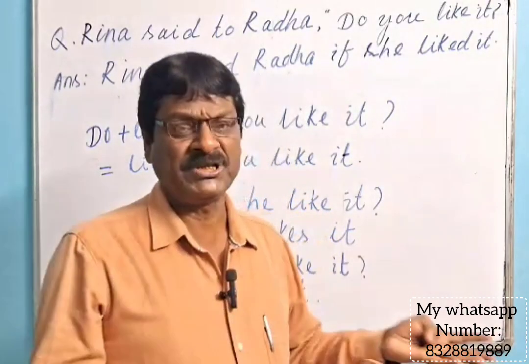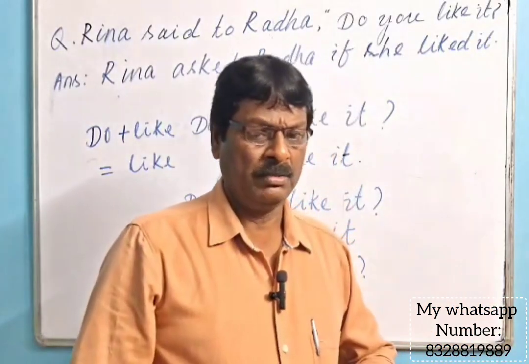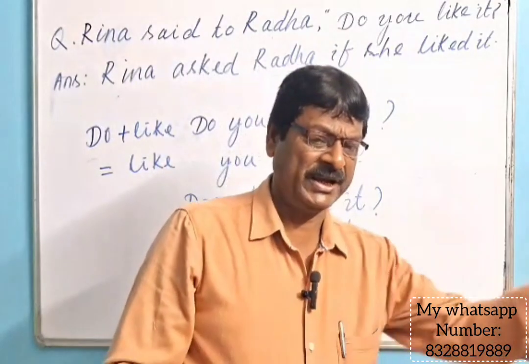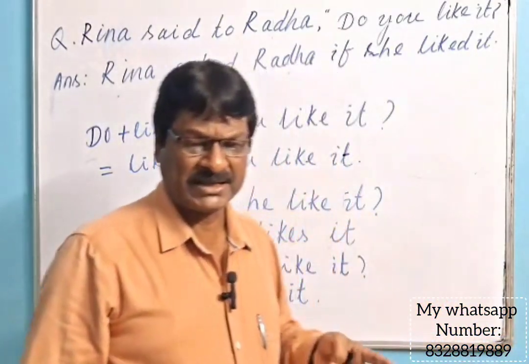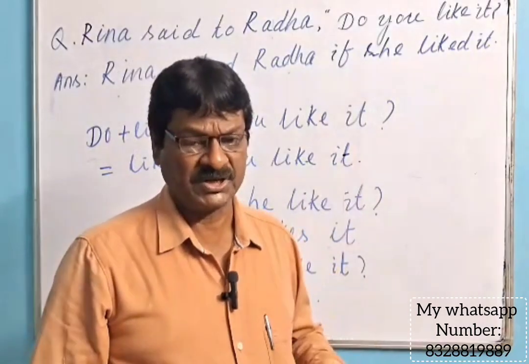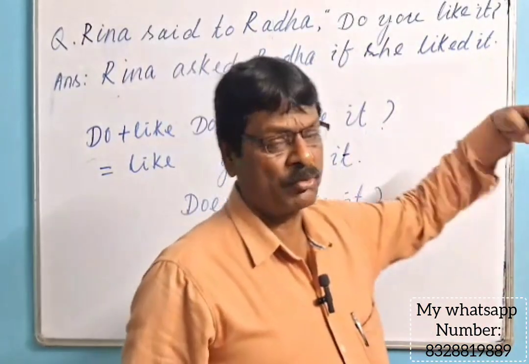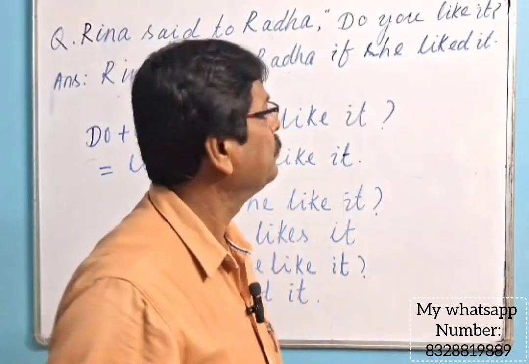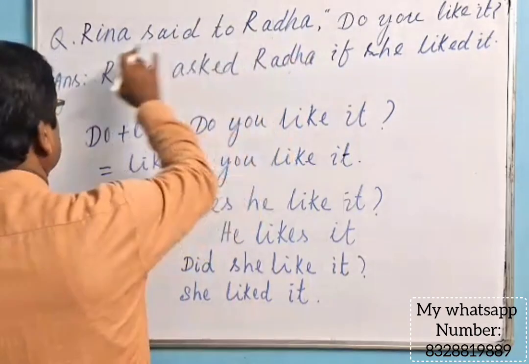Then you will change it following the rule for changing direct speech to indirect speech in the case of a statement, or assertive sentence, or declarative sentence. The same rule will be applied, and the question mark will be replaced, and instead of it you will use a full stop.